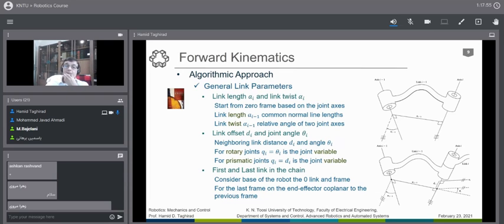What is an algorithmic approach? In an algorithmic approach, we would like to give a method for a dummy person or for a computer. We don't have any dummy person in our class.